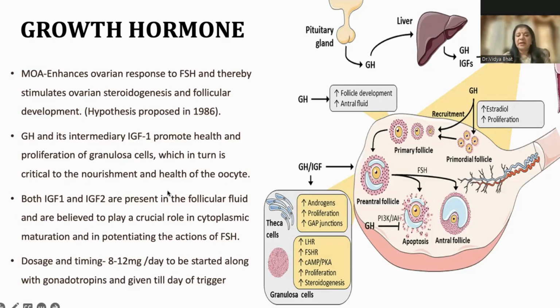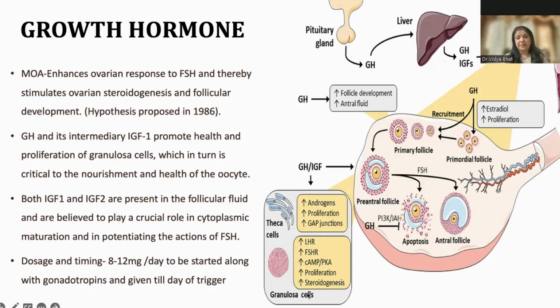So what happens when you give this? There is increased androgen, increased proliferation, and increased gap junctions. In turn, the LH and FSH receptors increase, and then cyclic AMP, and then proliferation and steroidogenesis of the granulosa cells take place.